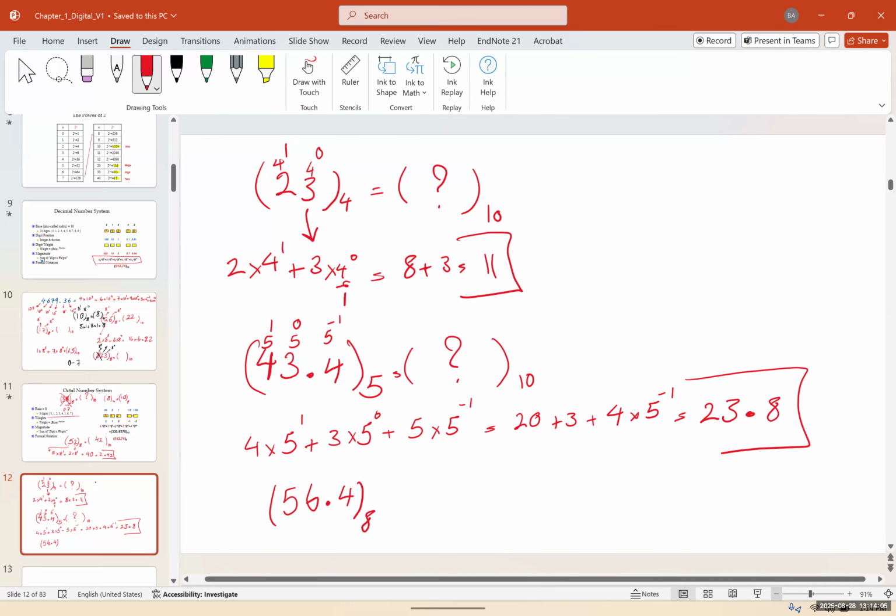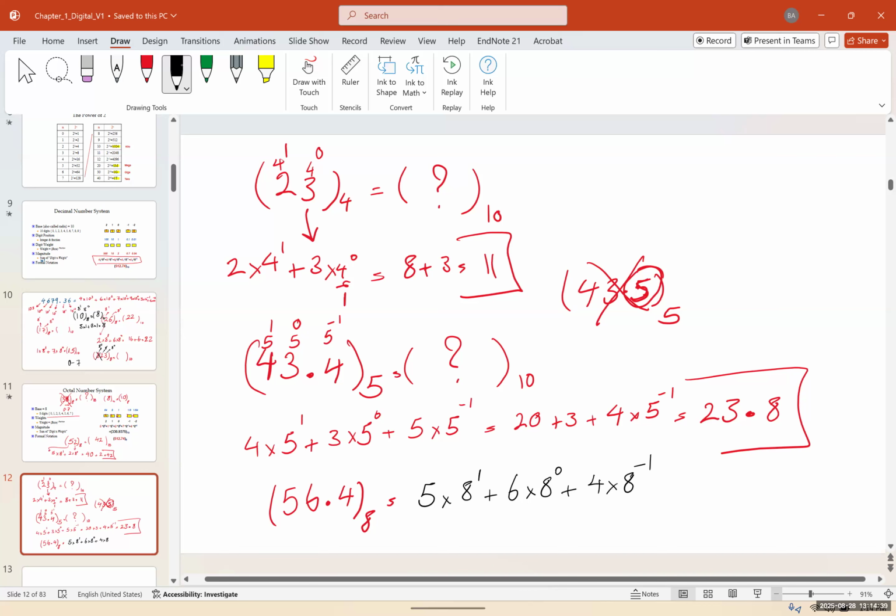Now let's solve this one, 56.4. I wanted to show you with a fraction as well. 43.5 is an incorrect number in base 5 because we have this 5, which cannot be, even in the fraction. So 56.4 in base 8 is going to be 5 times 8 to the power of 1 plus 6 times 8 to the power of 0 plus 4 times 8 to the power of -1.